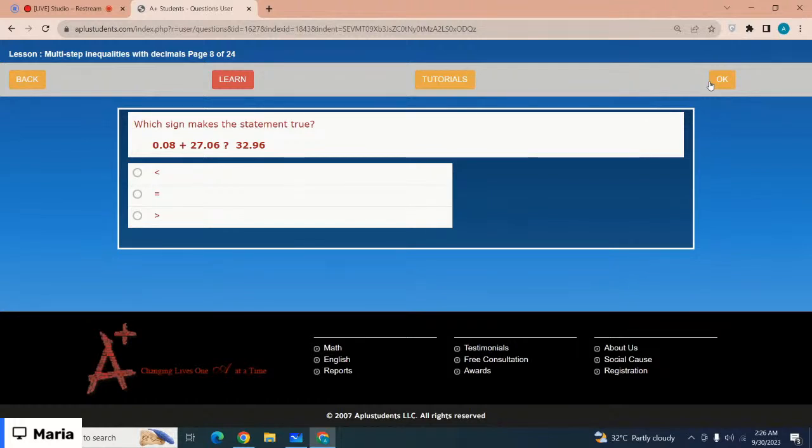The correct option is 0.08 plus 27.06 is less than 32.96, right? The correct option is less than.